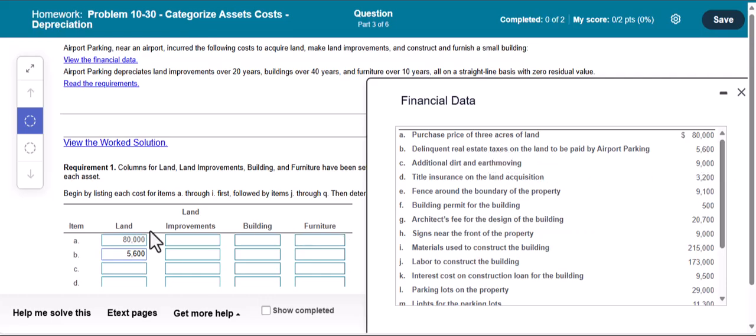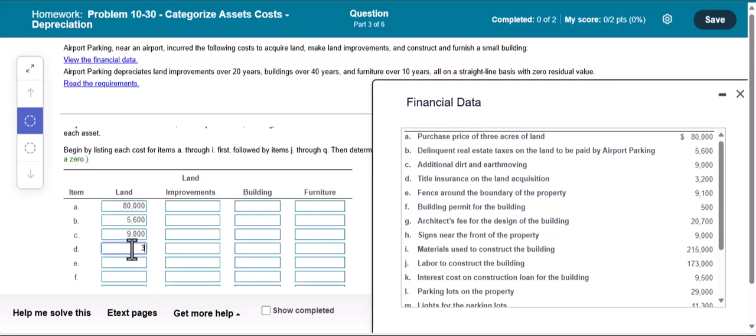So is that part of the land or the building? Well, this is land. And that goes under C again because it's part of the cost to get the land ready for the building. And then next we have title insurance on the land acquisition. That is $3,200. Will also be included in the cost of getting the land prepared for the building and part of acquiring it.